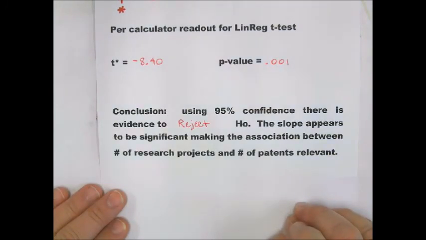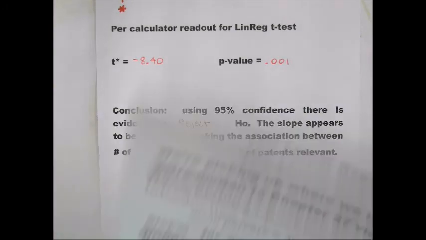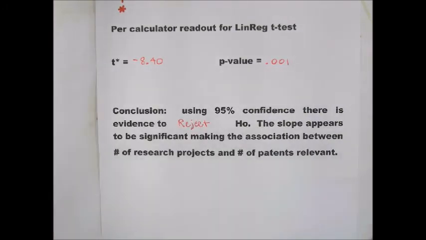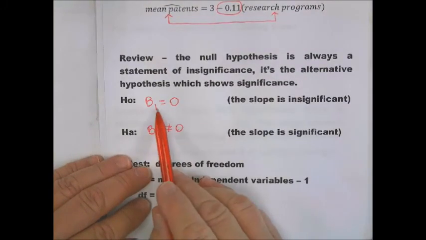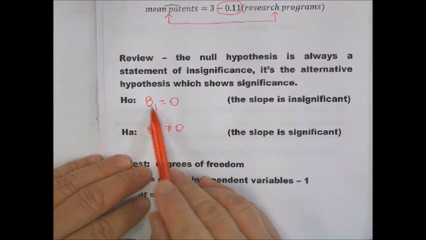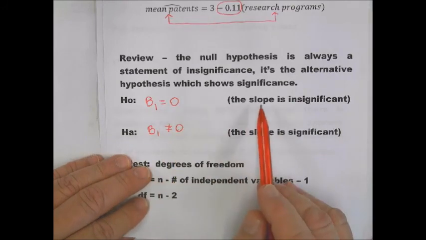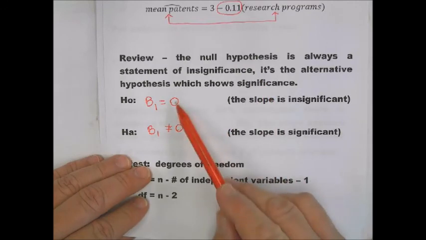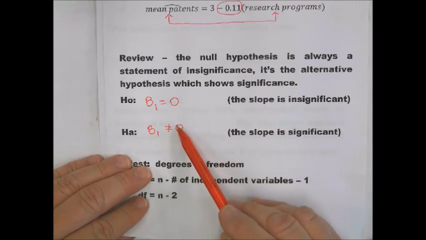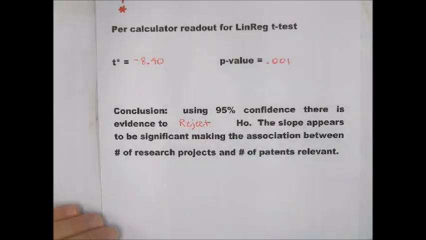Okay. Now remember what that means. Let's go back to the H0 and the HA. We are now rejecting the H0. And this was the H0. Okay, beta sub 1 equals 0, which is an indication that the slope itself is an insignificant number. We're rejecting that. It doesn't equal 0. And so the slope is significant.